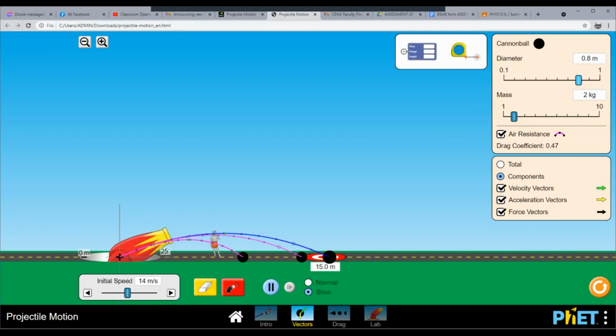So, balik natin ito dun sa 0.2 kanina. Mas pinaliit natin yung cannonball with the air resistance, pero 2 kilogram ngayon yung kanyang weight. What happens?